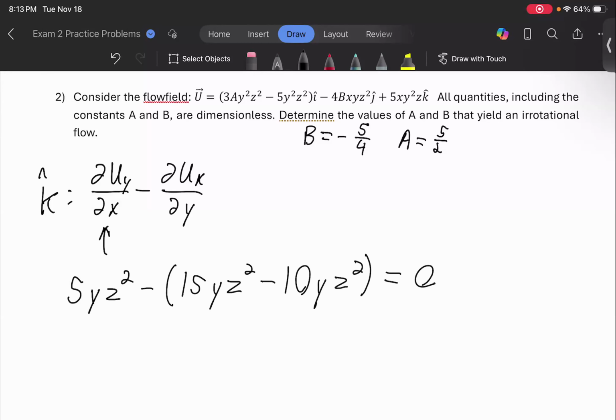We want that to equal 0, which it does, because we get negative 15 y z squared plus 10 y z squared.